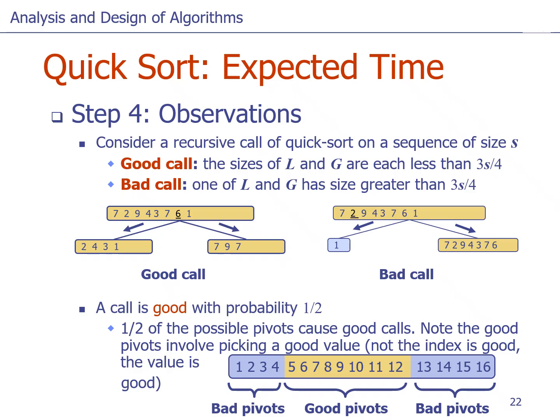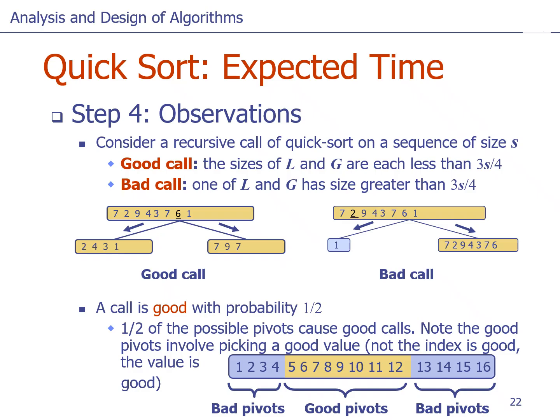Anywhere in the yellow region in the middle is a nice value to pick as a pivot. Ideally, you would want the 8 or the 9, because the 9 will give you a very nice split, two equal subarrays. But not only the 8 and the 9, the same thing for the 7 and the 5 and the 6 and the 11 and the 12.